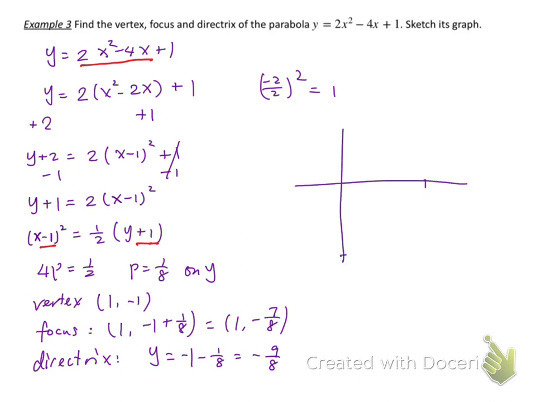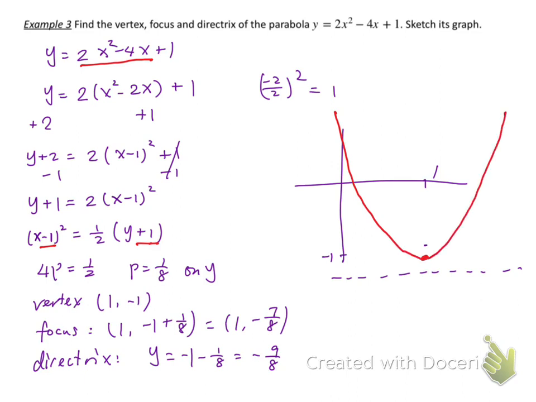Since I only have very small fractions, I'll draw the scale really big. (1, -1) is my, let me make it red, vertex, and then the focus is just 1/8 above, and then the directrix is 1/8 below. Then the curve will go like this.